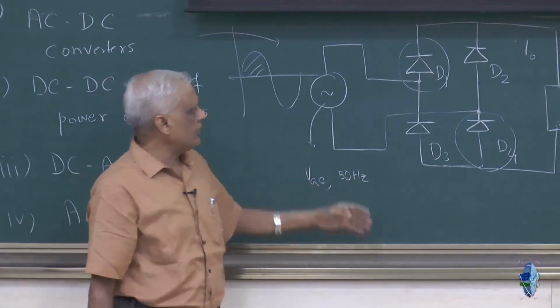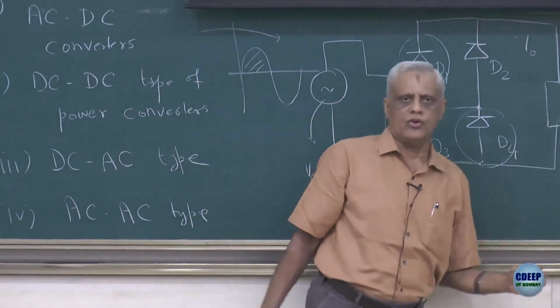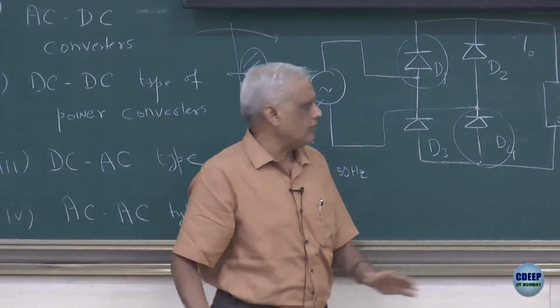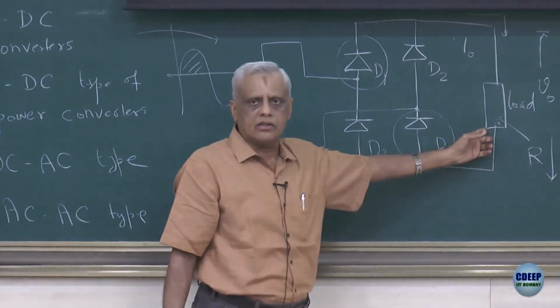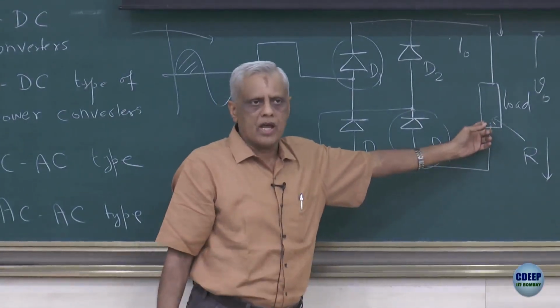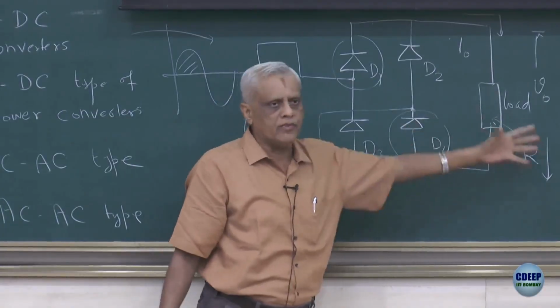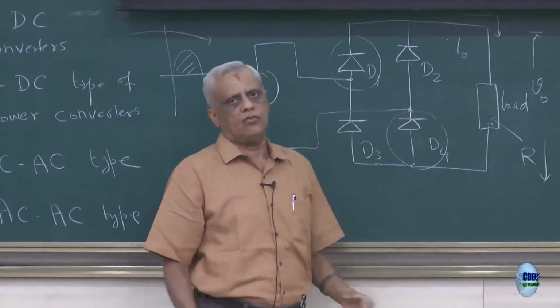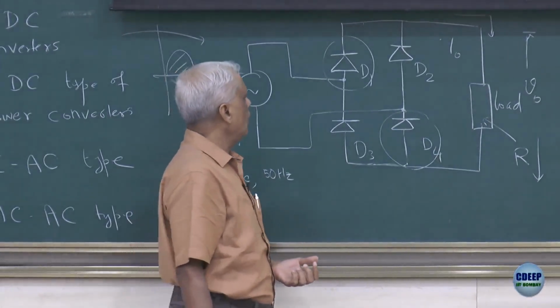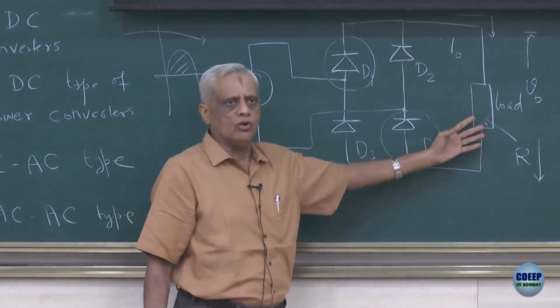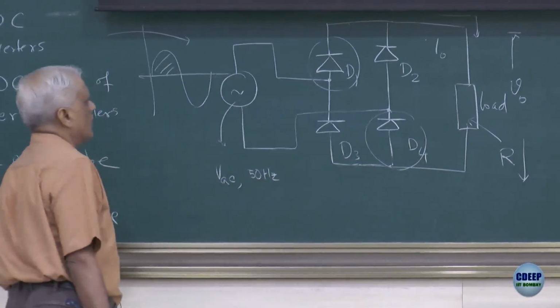So, when that happens, assuming a purely resistive load for simplicity, things will vary if there is a different type of load here. For example, it is very common to add inductive loads here, because when you will be feeding loads, you will have R as well as some sort of inductive component. But that we are not considering right now as a very first, basic step.